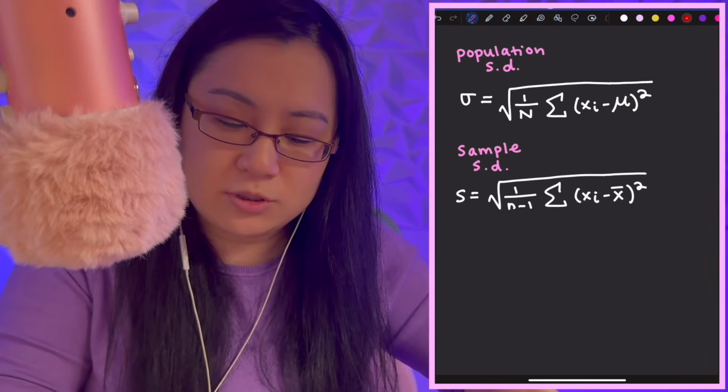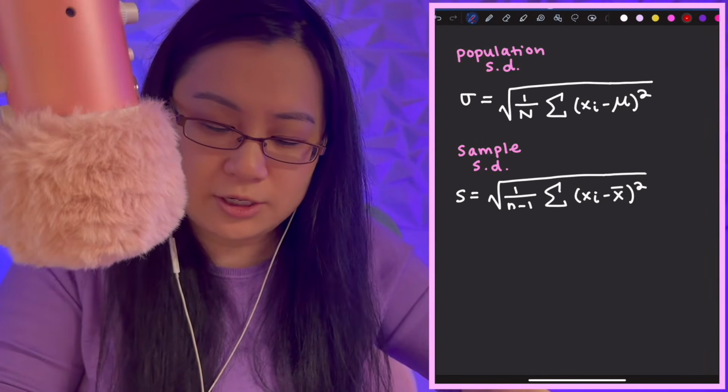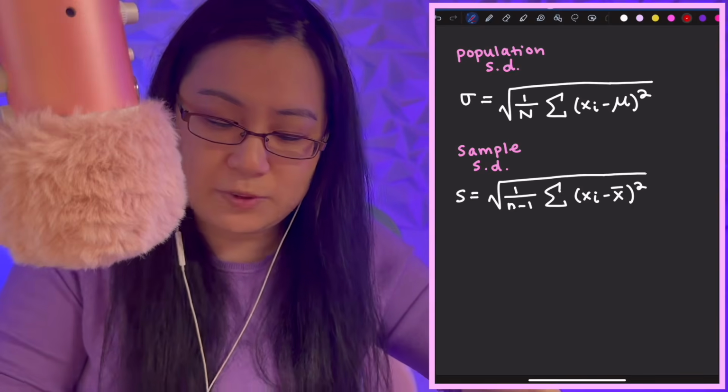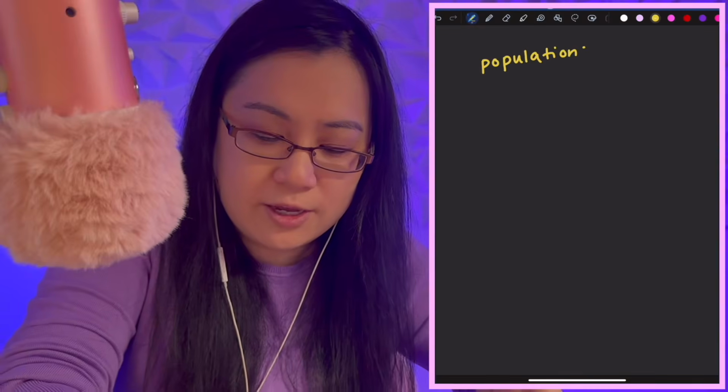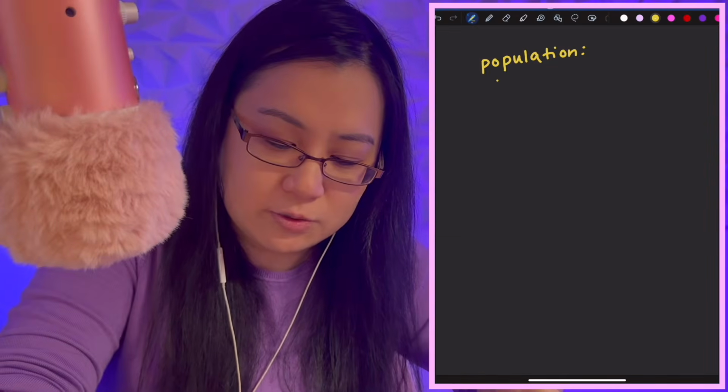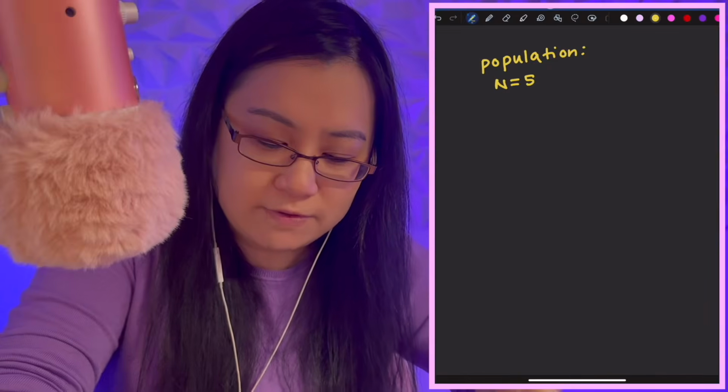So now this is where we go from population and sample. This is the difference where we divide by n versus n minus 1. So for the population, if we're treating this whole thing as though it's a population, we'll just say n equals 5.